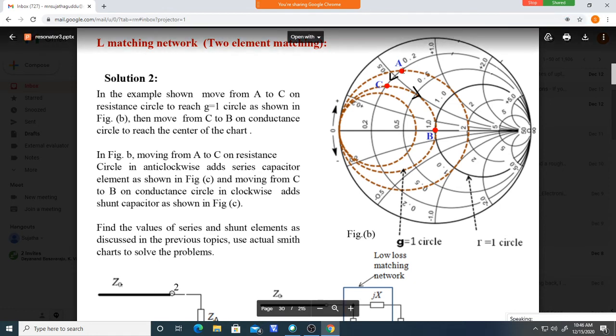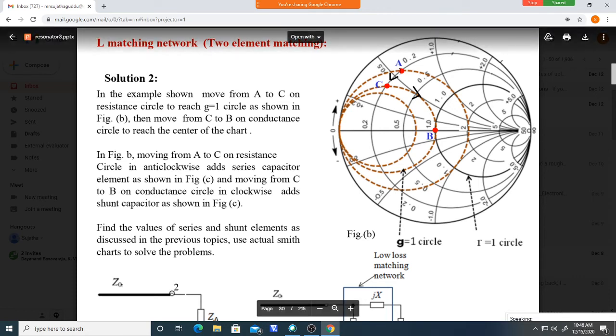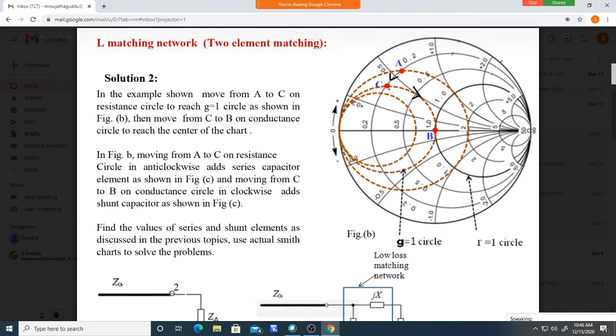You reach from here either this way to reach the conductance circle, or another solution is you can move like this and reach the R is equal to 1 circle. This is the R is equal to 1 circle. This is one solution, moving like this and reaching this position. Another solution is move like this and reach the G is equal to 1 circle.